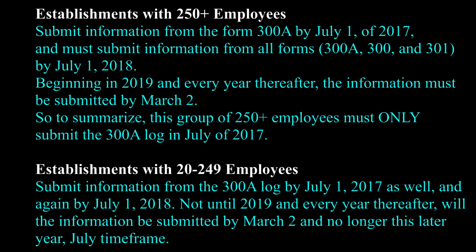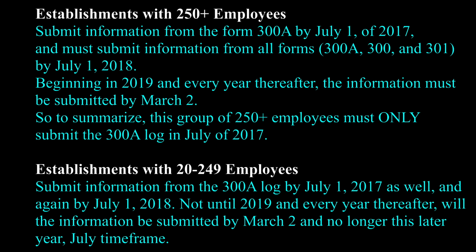Now, it's not until July 1st of 2018 will they have to submit the 300 and 301. And not beginning until 2019 and every year thereafter will information be submitted by March 2nd deadline. So, to summarize, this group of 250 employees must only submit the 300A log in July of 2017.